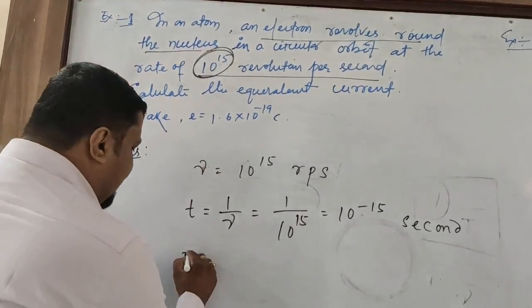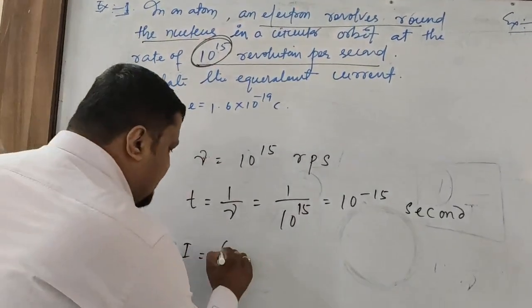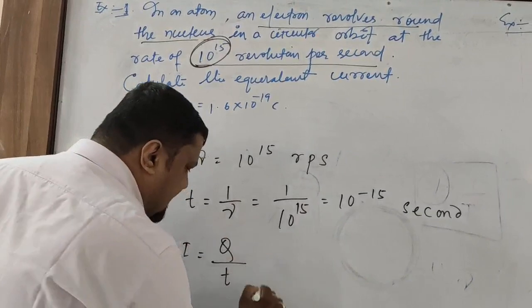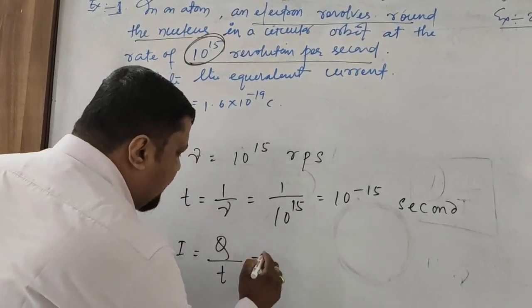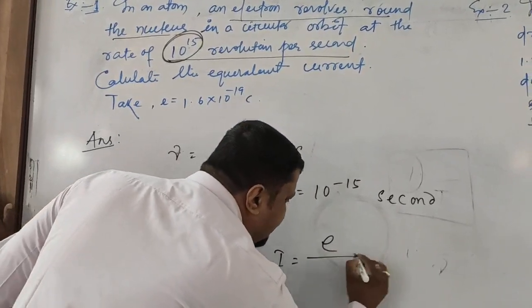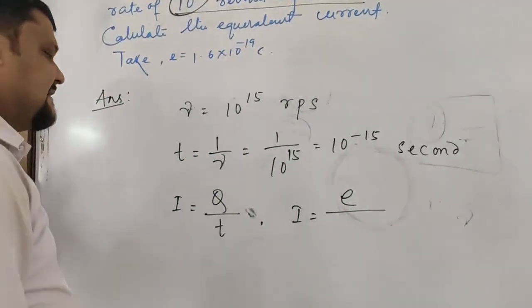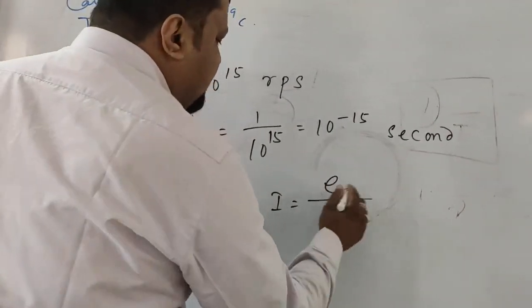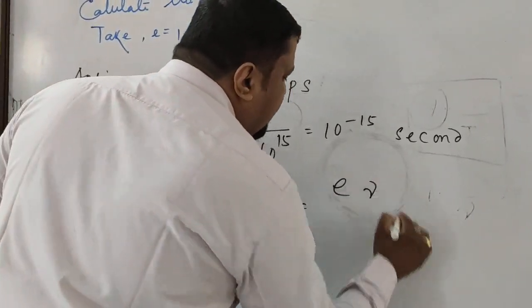Now the equivalent current I is equal to Q by T, as I have already written. In this case the electron is revolving, so the charge is e, and 1 by time period is equal to the frequency.